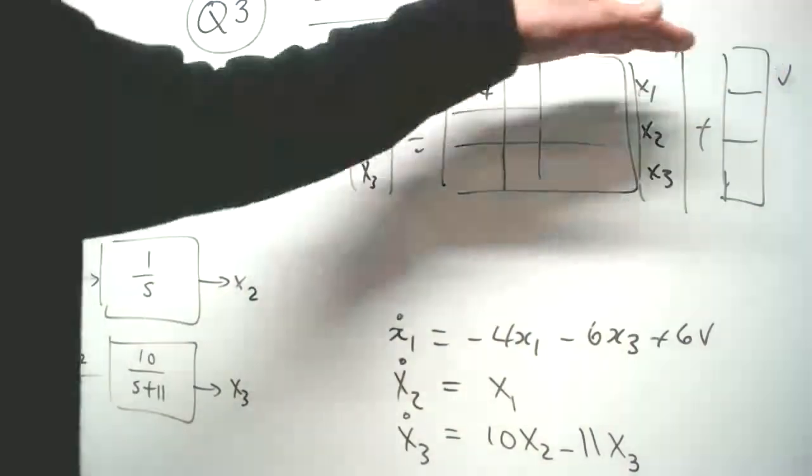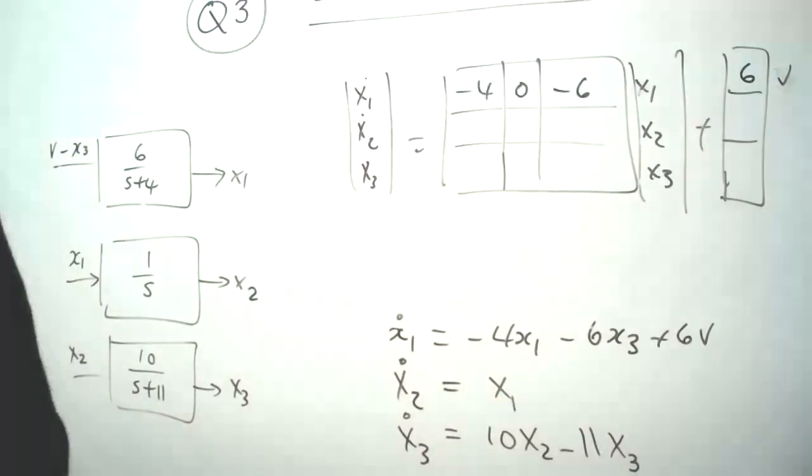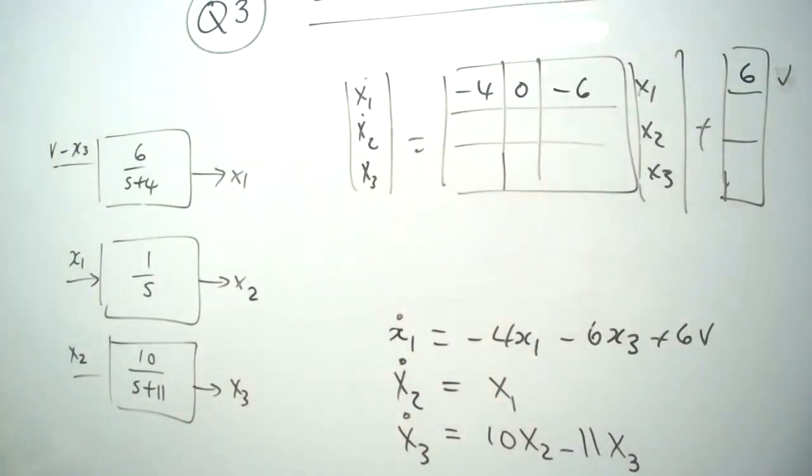So the first line is this equation. There's no x2s, minus 6x3s and 6 Vs. So it goes in like that.